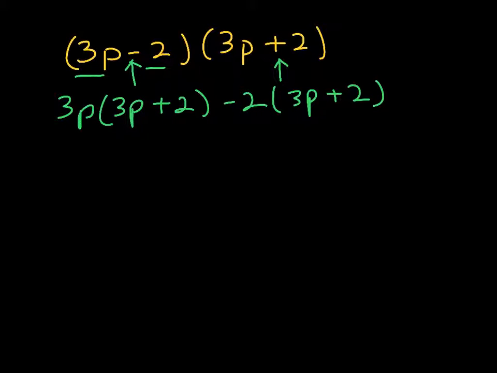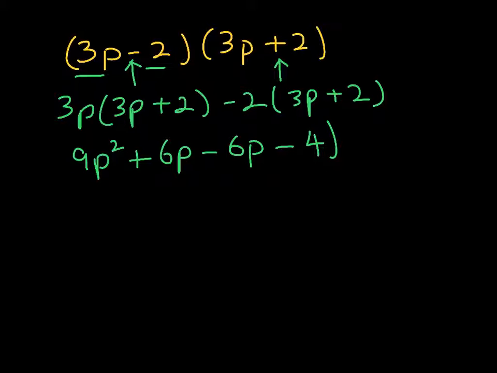Okay, so 3p times 3p gives us what? That is 9p squared, because 3p times 3p is 3 times 3, that is 9, and p times p, that is p squared, plus 2 times 3p, 6p, minus 2 times 3p, that is 6p, negative 2 times plus 2 gives us negative 4.